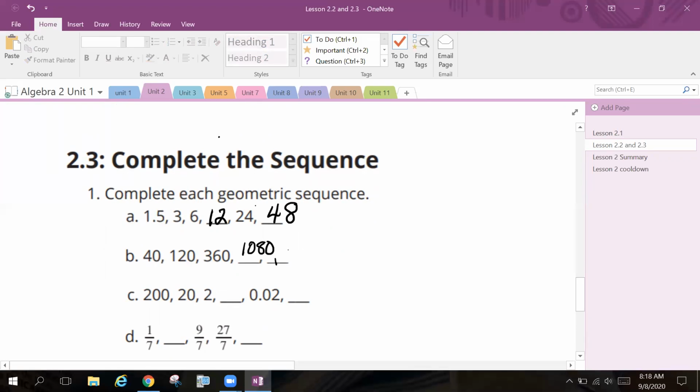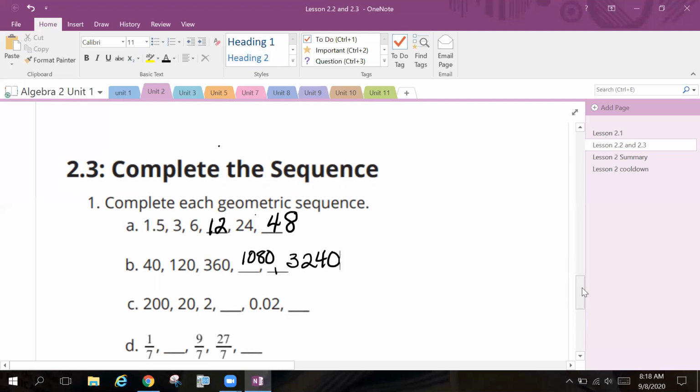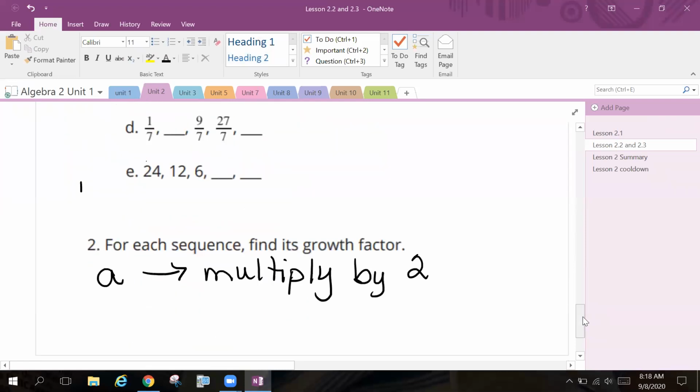1,080 and 3,240. Okay? So that particular growth factor for letter B, you'll determine it to be what? Multiply by 3.